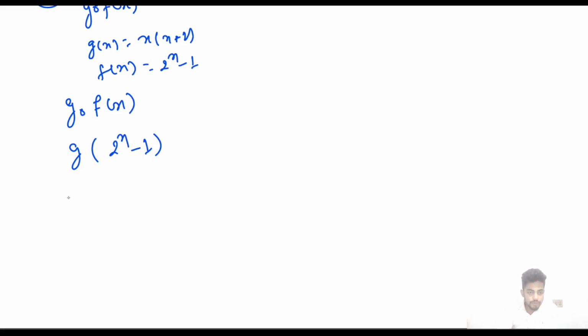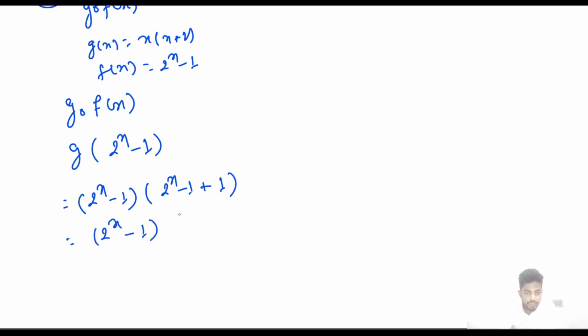So (2^x minus 1) as x and (x plus 1) becomes (2^x minus 1 plus 1). The minus 1 and plus 1 cancel out, so we get (2^x minus 1) times 2^x. So this is the expression for g of f(x).